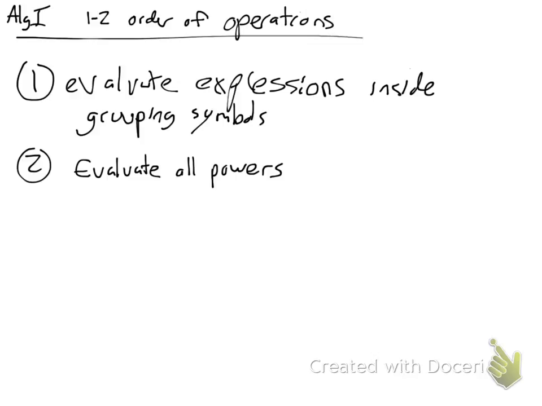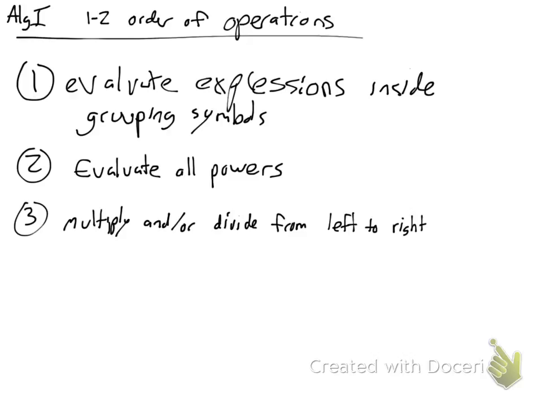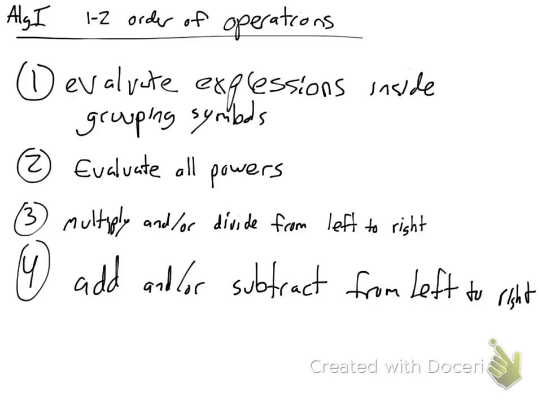The second one is evaluate all powers. The third one is multiply and or divide from left to right. And the last step, number 4, is add and or subtract from left to right. So remember, everything is going from left to right, and there's only 4 steps.